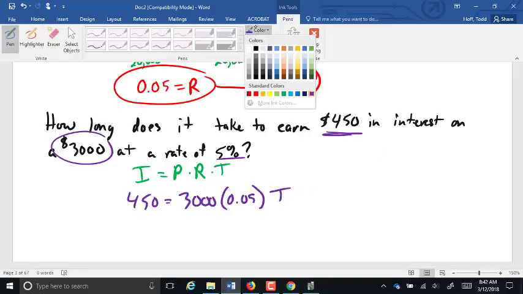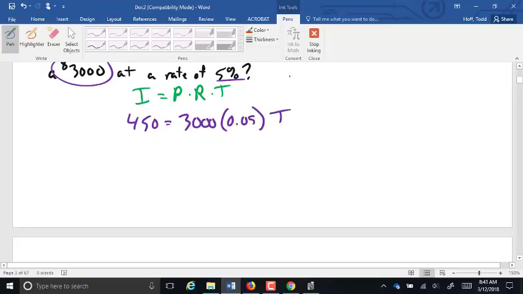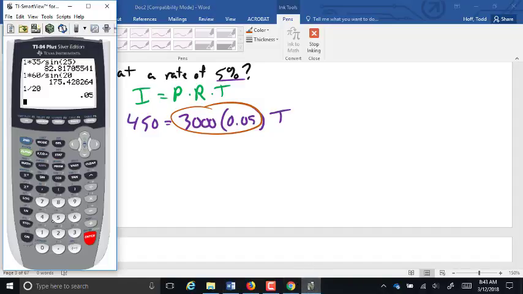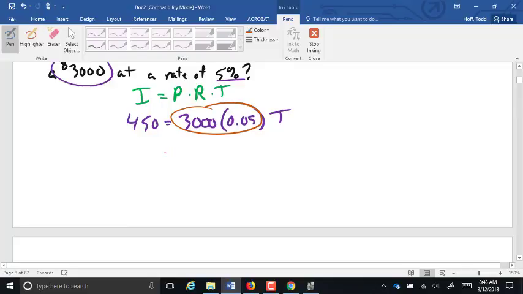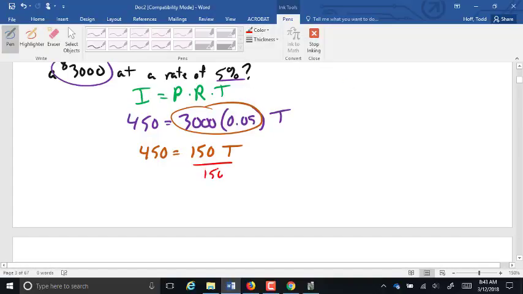And we are looking for T. So we're going to combine the 3,000 and 0.05. Here's 150. So the $450 in interest equals 150 times T. We divide by 150. 3 equals T. So that means it's 3 years that it'll take to earn $450 in interest.